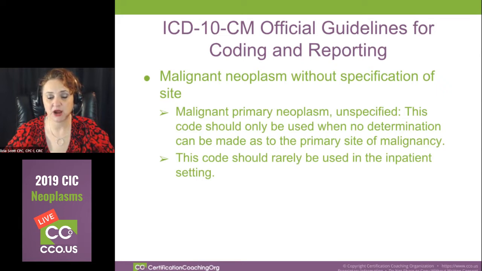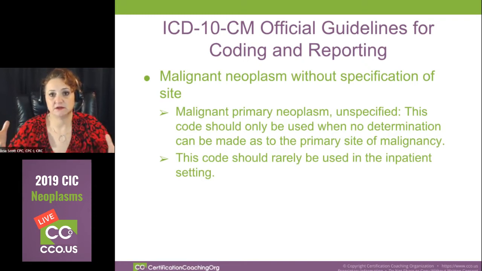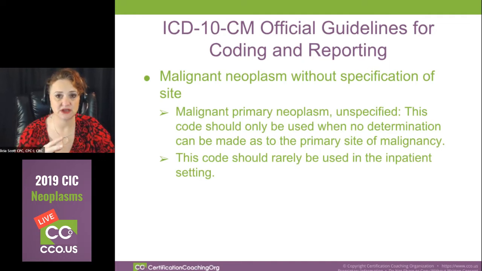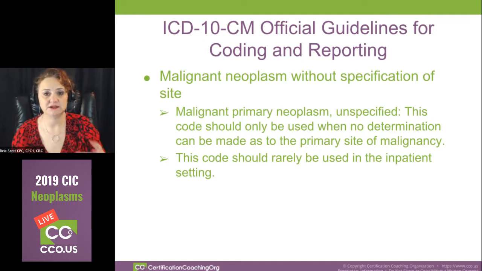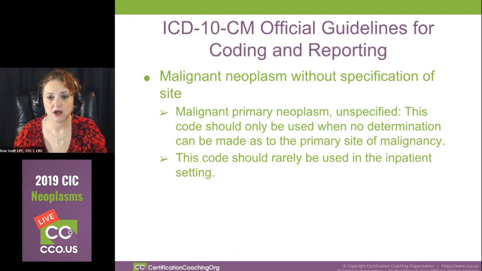If Mrs. Brown comes in and she tells you she has bone cancer and brain cancer, but she doesn't know primary or secondary, and you don't have the documentation for any of that yet, then there is a code for that. Now, if it's an inpatient, eventually you're going to have that information because the records will get to you. But there is a use for this unspecified code, though it tends to be rare.